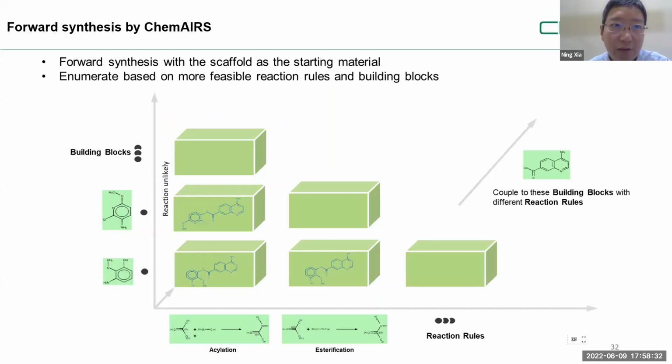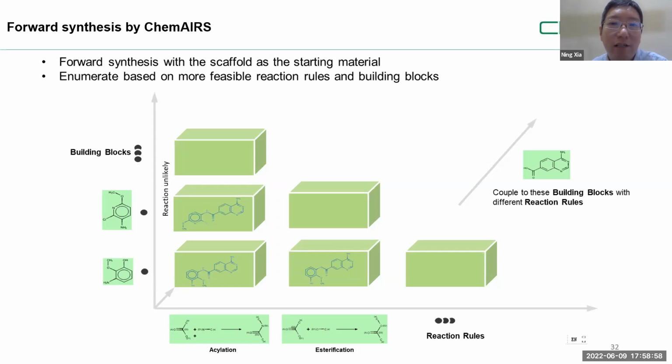And another tool is called forward synthesis, because it's used to design a library of molecules. Sometimes we have a prodrug or a target, a hit or a lead, and then we want to know what kind of similar molecules we can synthesize using the same synthesis route and using all the building blocks we can buy in the market.